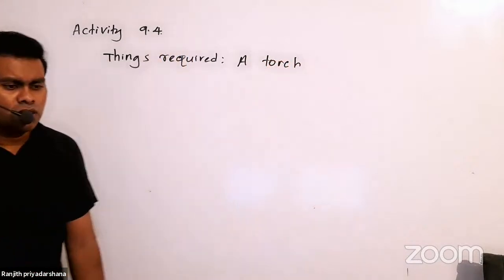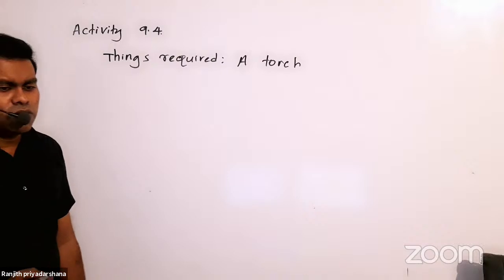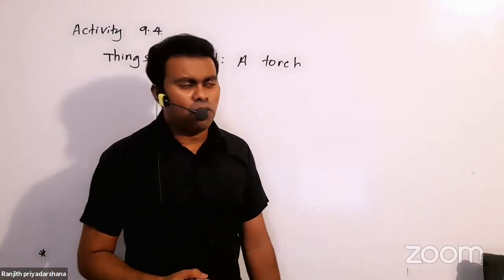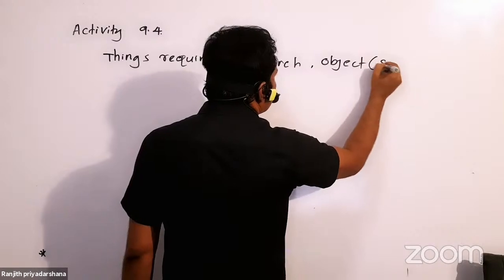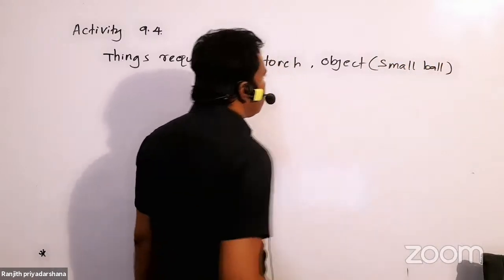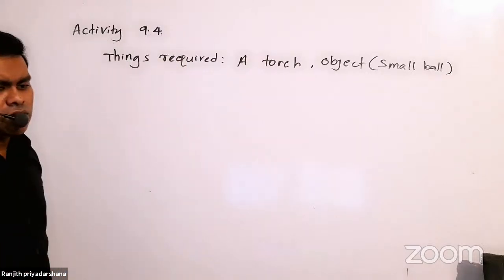An object. So what's the object you require? Small ball. Object means small ball, and you require a screen.